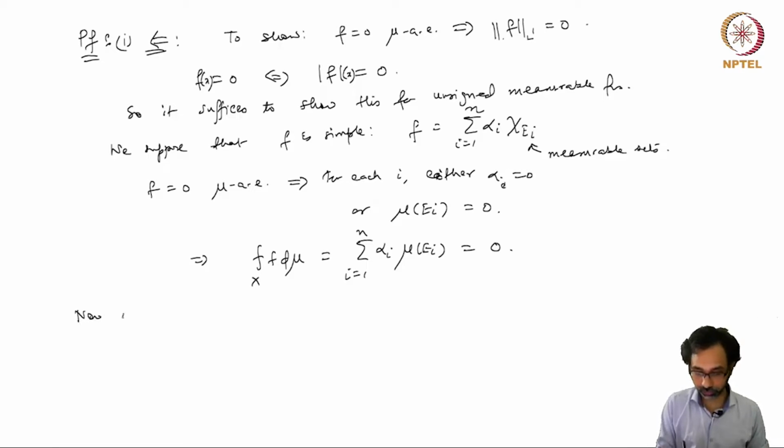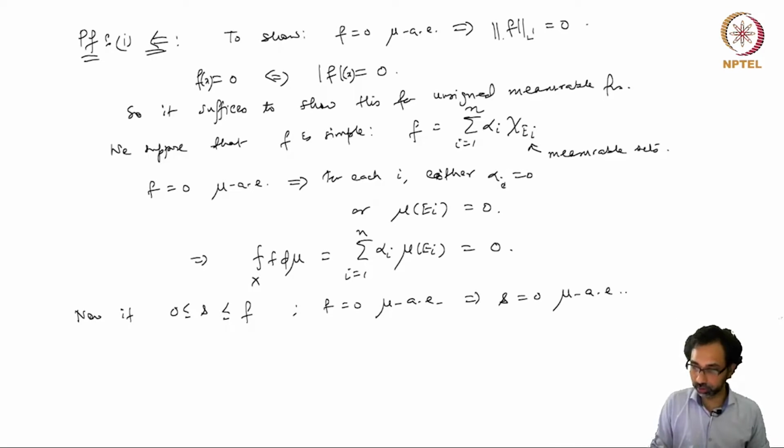Now if you take any positive simple function s which is bounded above pointwise by f, then f equal to 0 mu almost everywhere implies that s equal to 0 mu almost everywhere, which means that the simple integral of s d mu is 0 by what we have just shown.